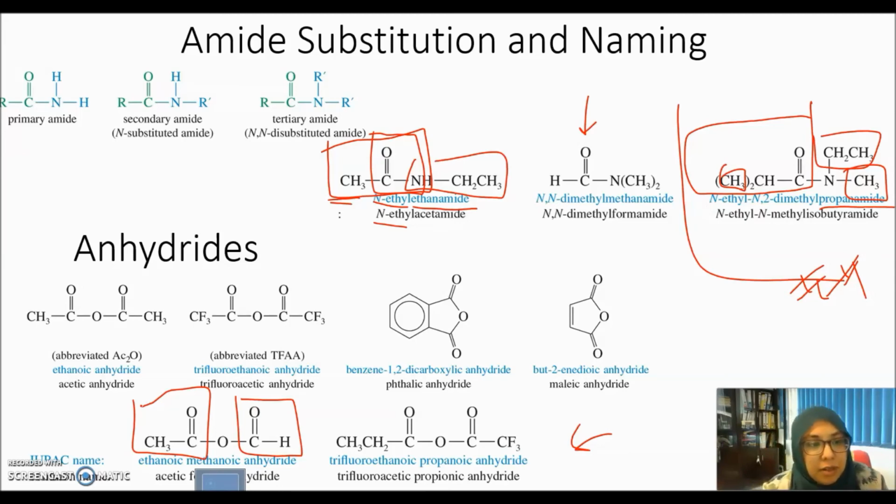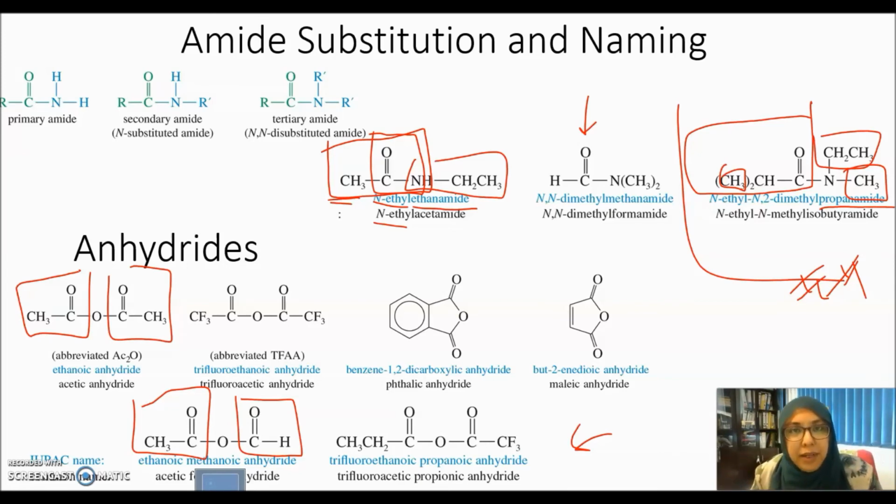In the case where you have both the same, that comes from ethanoic acid, so you just say ethanoic anhydride. Or in this case, for example, we have trifluoroethanoic propanoic anhydride. Basically it's like ether, but for ether the end part is ether. Now for anhydride, the end part is anhydride, and then the acid will be spelled as oic.